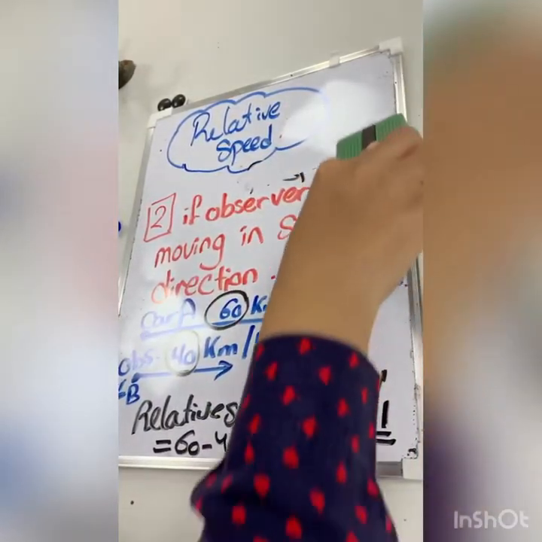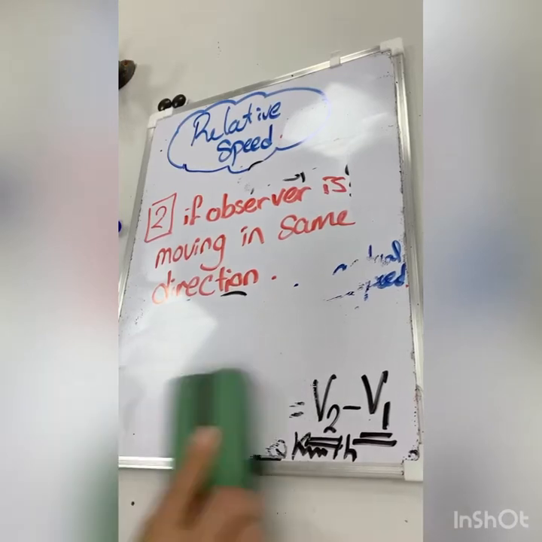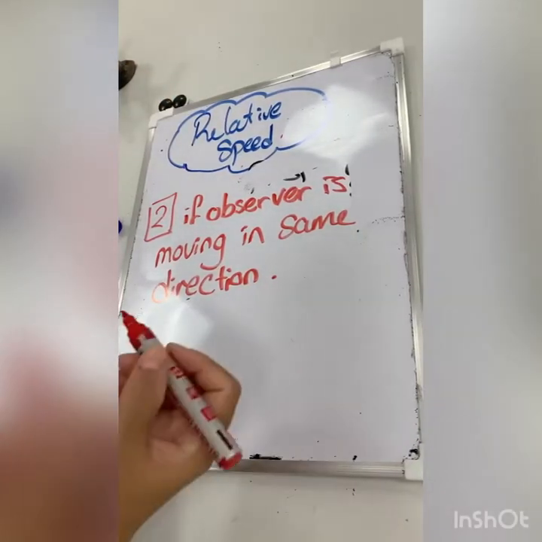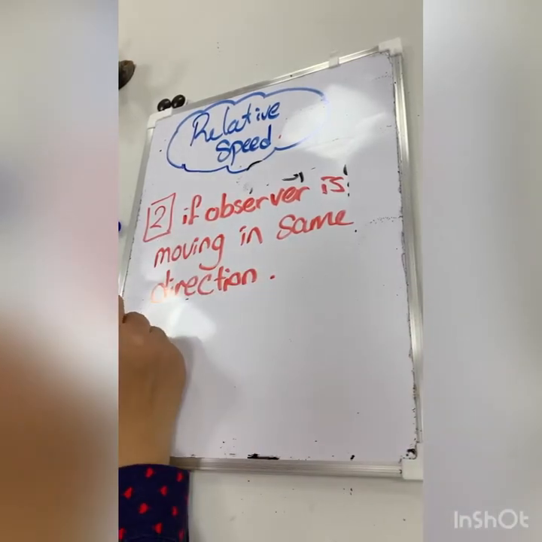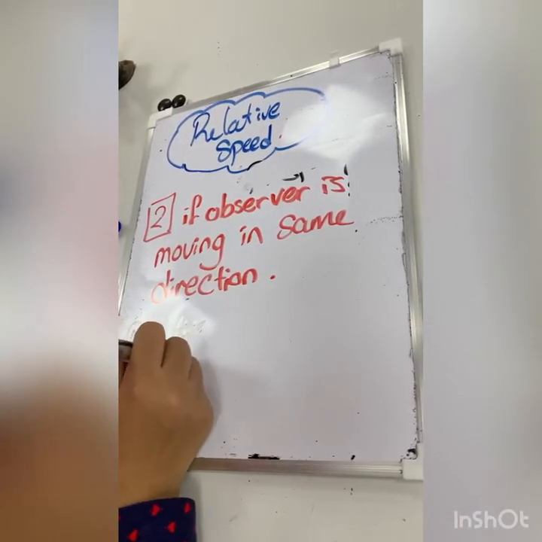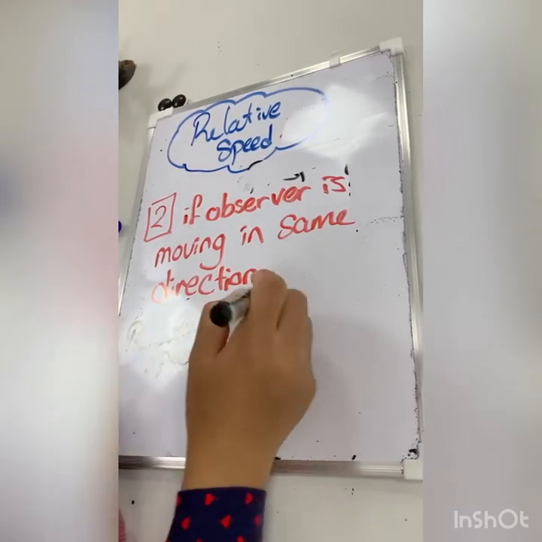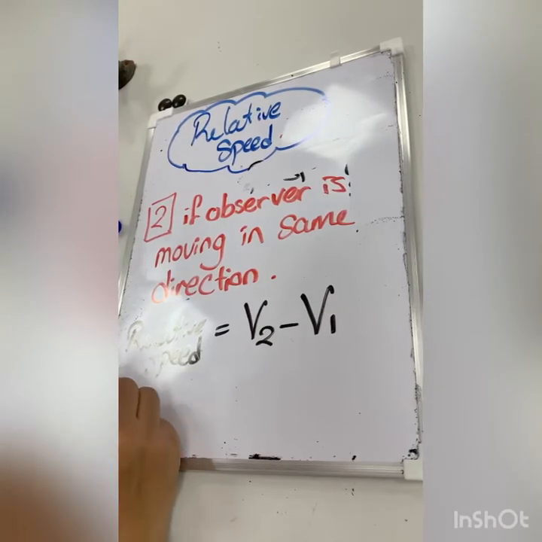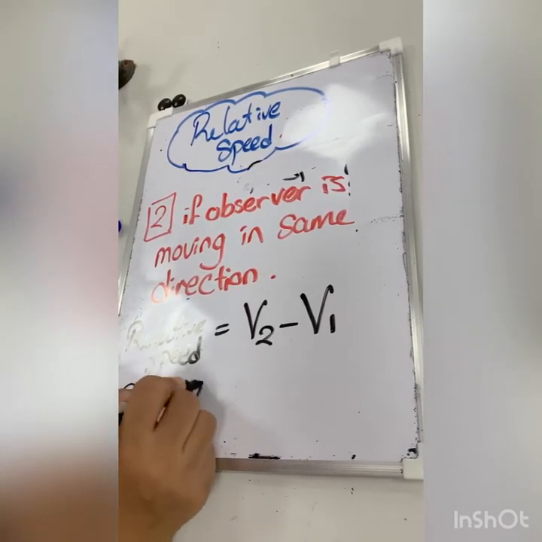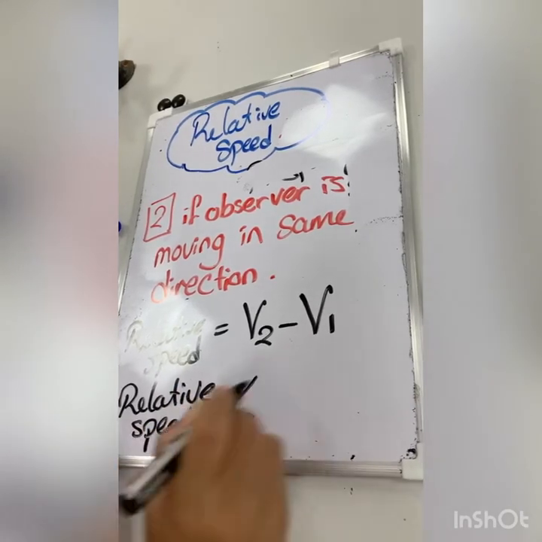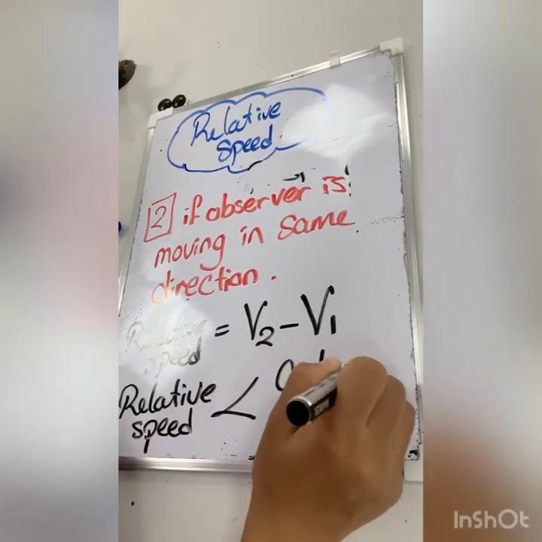So let me write the law. In this case, when the observer is moving in the same direction, the relative speed equals V2 minus V1. That means relative speed is lower than actual speed.